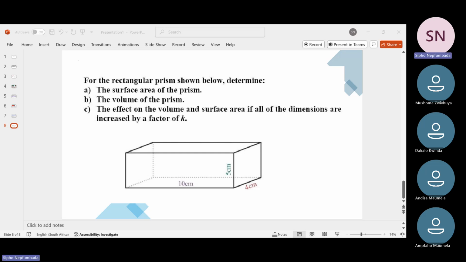So as far as we're concerned, let's grab the question together. Dakaro, can you please read the question for us? Okay.